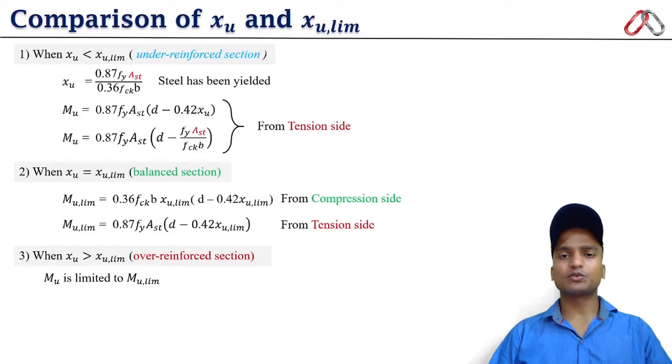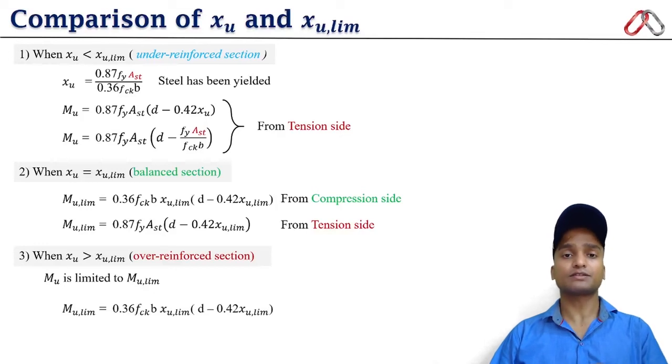So if you have concluded that your cross section is over reinforced, after doing comparison between Xu and Xu limiting, you need not calculate the value of Mu. You just calculate the value of Mu limiting.